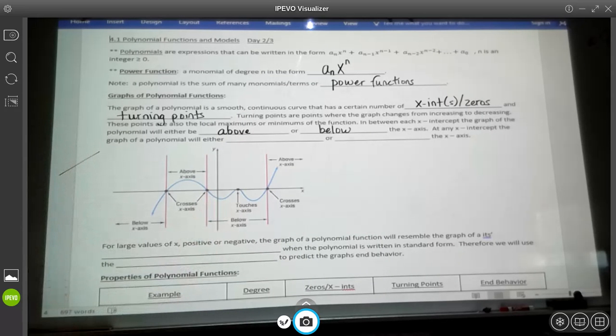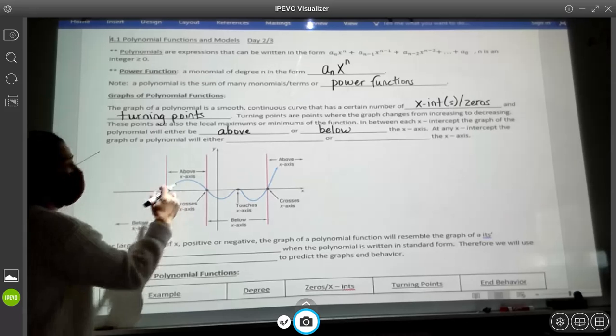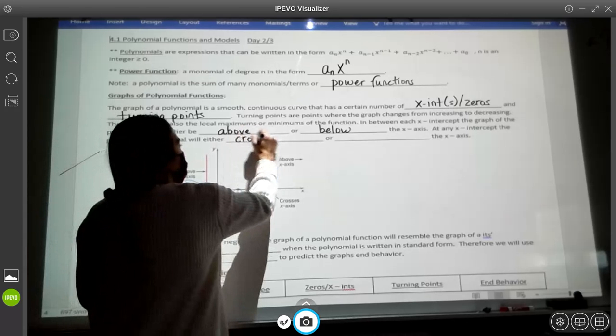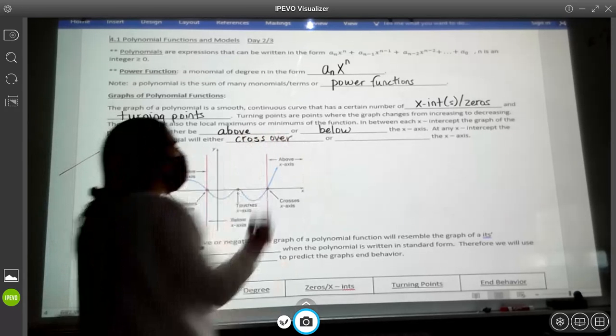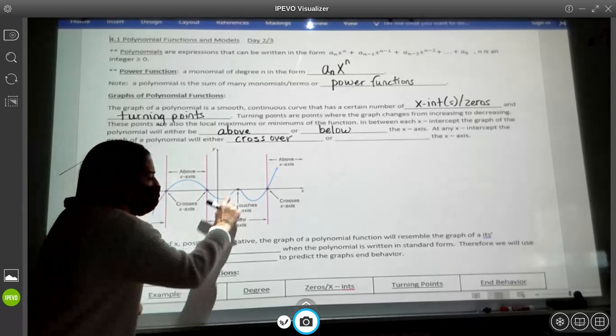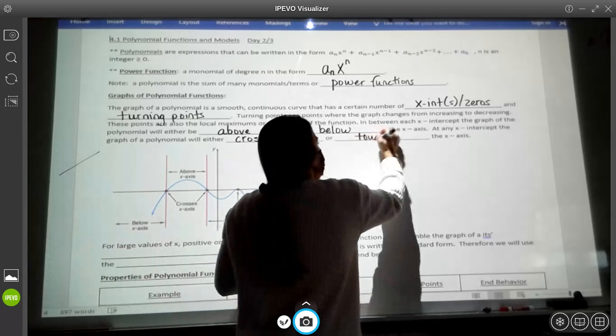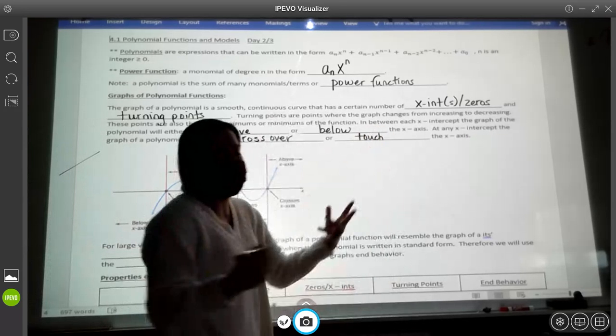At any x-intercept, the graph of a polynomial can do two things. It's either going to cross over the x-axis at that x-intercept, or it'll just touch the x-axis and be tangent to it at that x-intercept. Usually I call my touch the bounce.